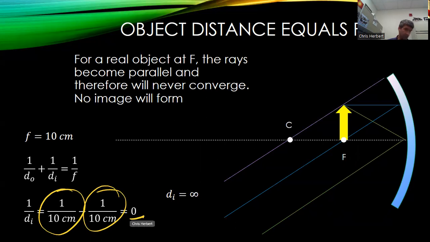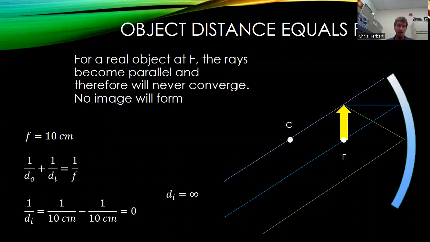That gives me 0. Now, if you look at 1 over 0, you say, well, that's an undefined number. But if you take the limit of that, it's actually equal to infinity. And the infinity actually makes sense for this particular case because the rays will never converge. Remember, we're looking for the point at which all the rays converge.